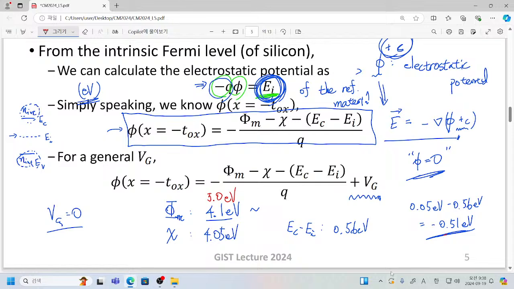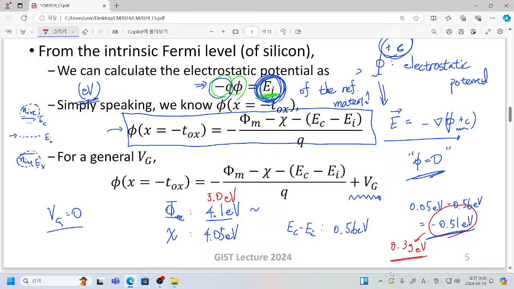So instead of this number, you just add 0.9, then you will have 0.39 eV as the value for your intrinsic Fermi level.